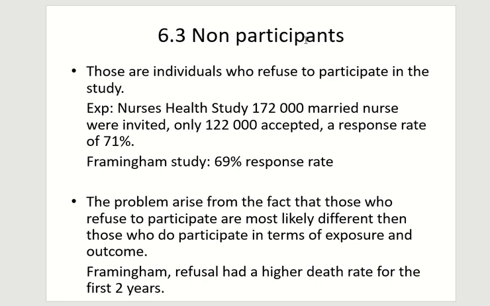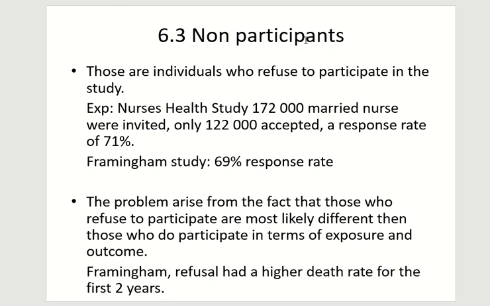The response rate was 71%. In the Framingham study, the response rate originally was 69%. So we have approximately 30% saying, no, I don't want to participate. Who are these 30%? How different are they from those that participated? Are they very different? Or are they not so different? Also, that will cause a problem.